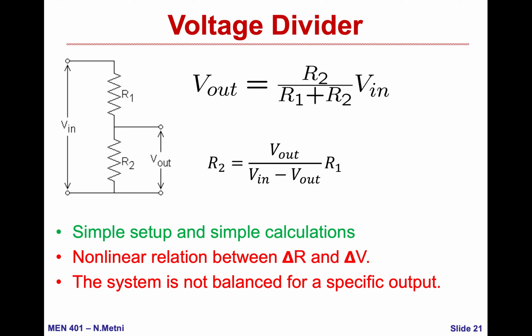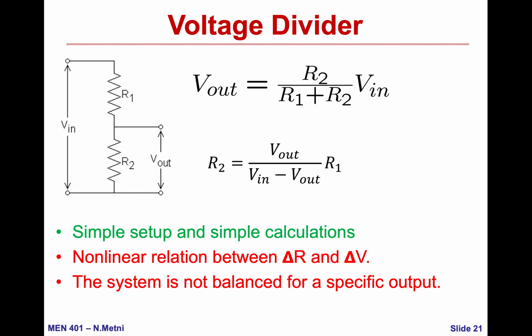The second drawback of the voltage divider is that the system cannot be balanced for a specific output. Let me explain as much as I can here, and maybe this will be understood more when I cover the Wheatstone bridge. Taking this equation of V out initially, you cannot have any value of R2 that gives me a V out equal to 0, unless R2 is 0.